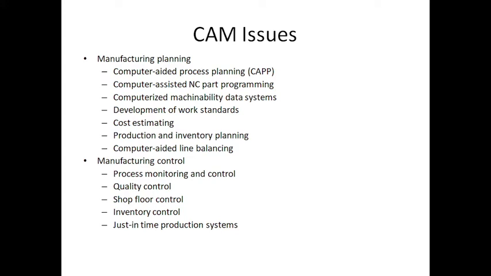And then computer aided line balancing. Computer aided line balancing is when you want to balance the various operations in your factory setting, whether they are related to manufacturing or assembly. Suppose you have an assembly line.